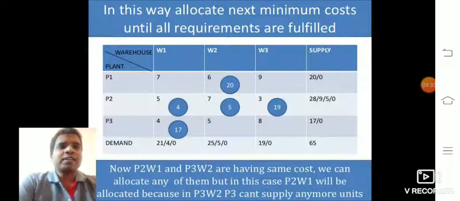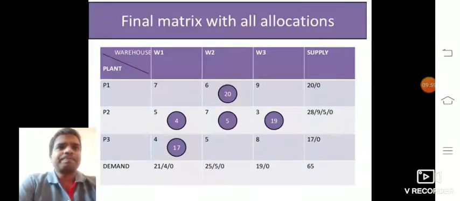Now the allocated cells are P1 to W2, P2 to W1, P2 to W2, P2 to W3 and P3 to W1. We are getting 5 allocated cells.